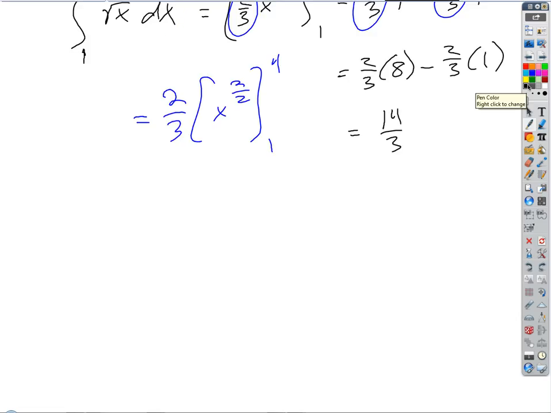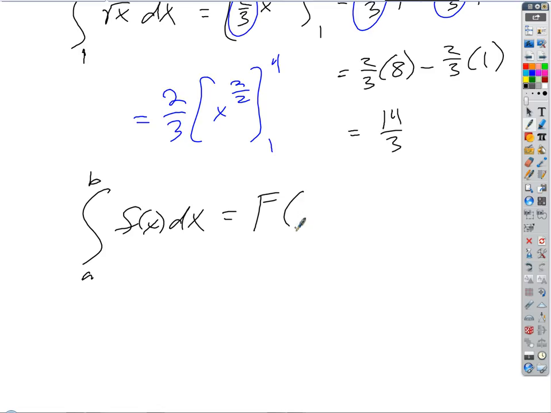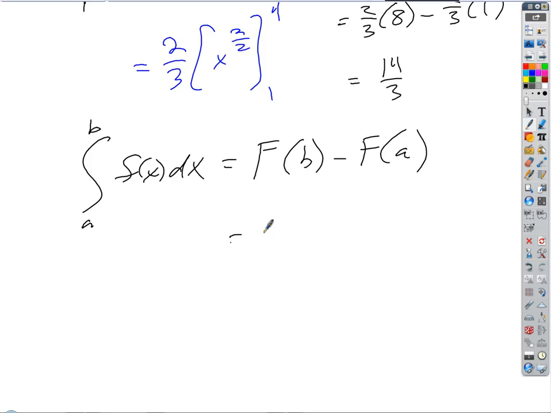So we write it this way. That bumps us up to section 4.4, which is the fundamental theorem of calculus. Here's what it says. The fundamental theorem of calculus says that the area under the curve, the integral of f of x dx from a to b, is equal to the antiderivative of f evaluated at b minus the antiderivative evaluated at a, which an easier way to write is this notation I just showed you.